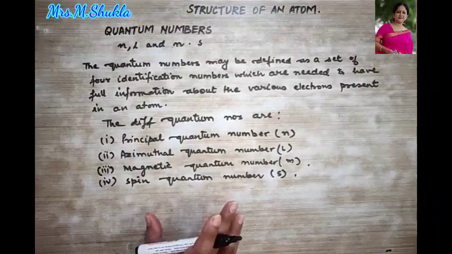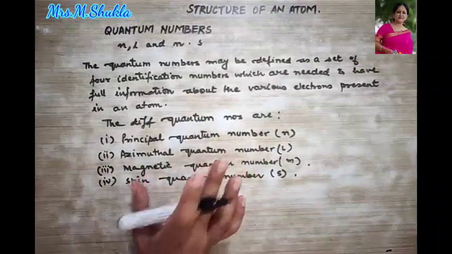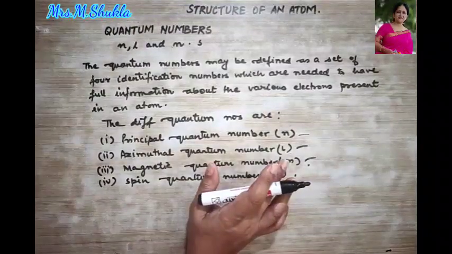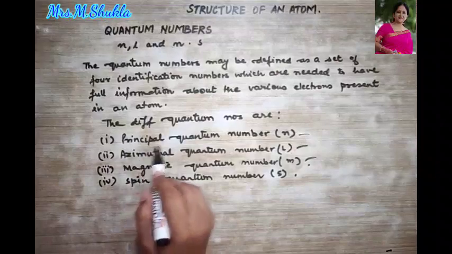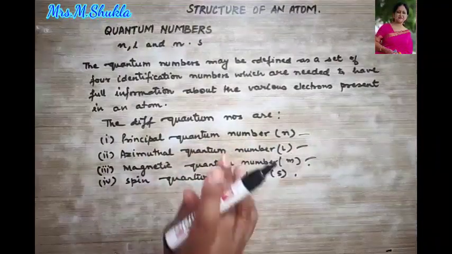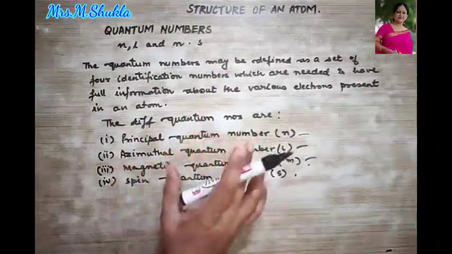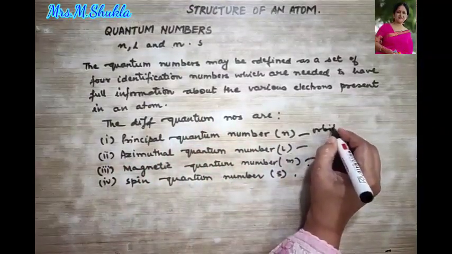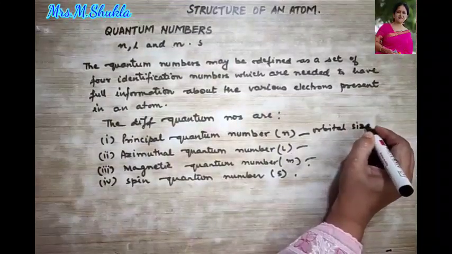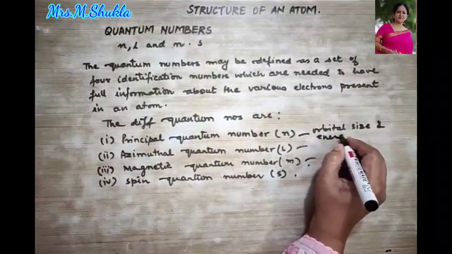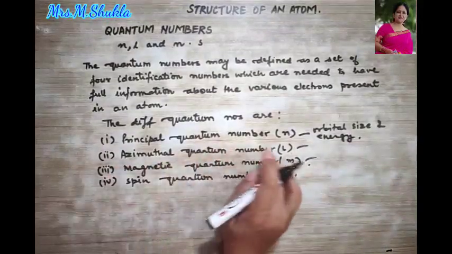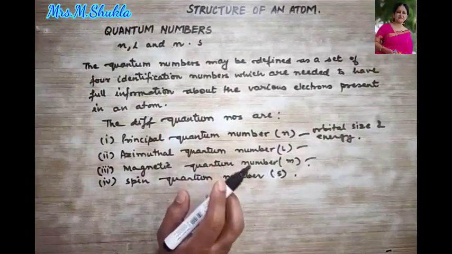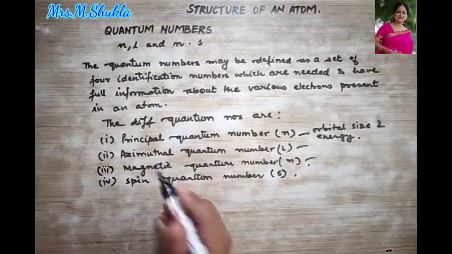So now, an atomic orbital is specified by the first three quantum numbers. The first one, the principal quantum number, is related to the orbital size and energy. What is the second quantum number related to? The azimuthal quantum number is related to the shape.